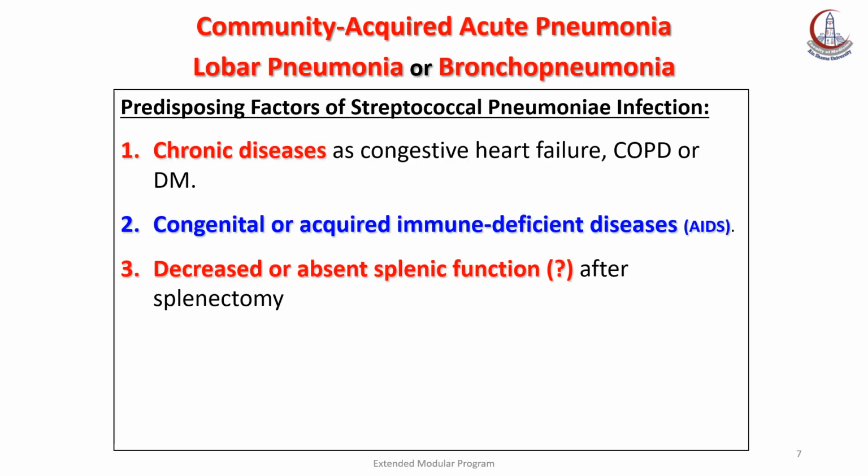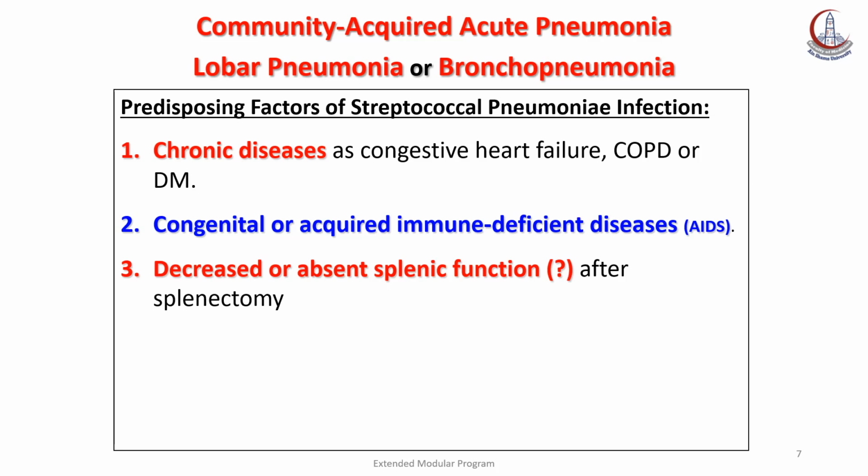What are the predisposing factors that cause streptococcal pneumonia infection? First, chronic diseases like congestive heart failure, COPD, or diabetes mellitus increase patient liability to get infections more than other patients. Congenital or acquired immune deficiency diseases, decreased or absent splenic function.